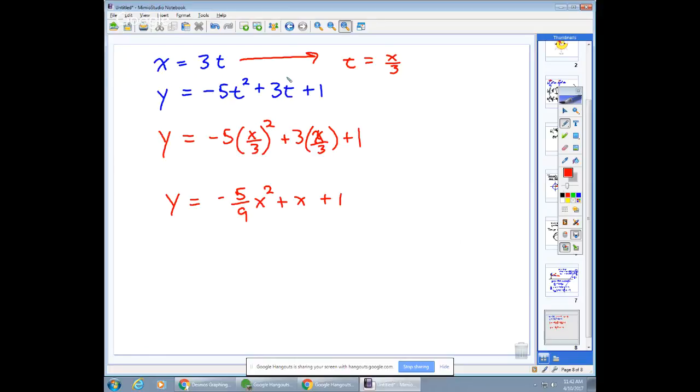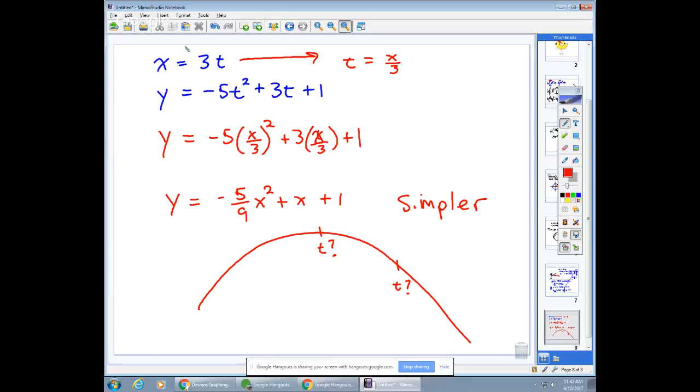It'd be a little messier in terms of the numbers, but then we wouldn't have t involved anymore, okay? So the question is, well, this certainly makes things simpler, right? And I can see the path the object makes through space based on this, but what I lose track of is what time did we reach a certain position?